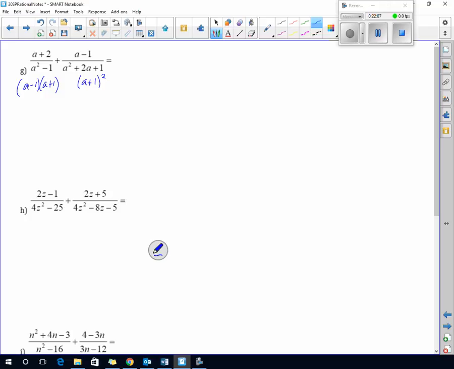So a plus 2 over (a minus 1)(a plus 1). We need an (a plus 1) squared though. So that means I need to multiply the top by an a plus 1. I'm skipping steps now. Are you getting to that point?